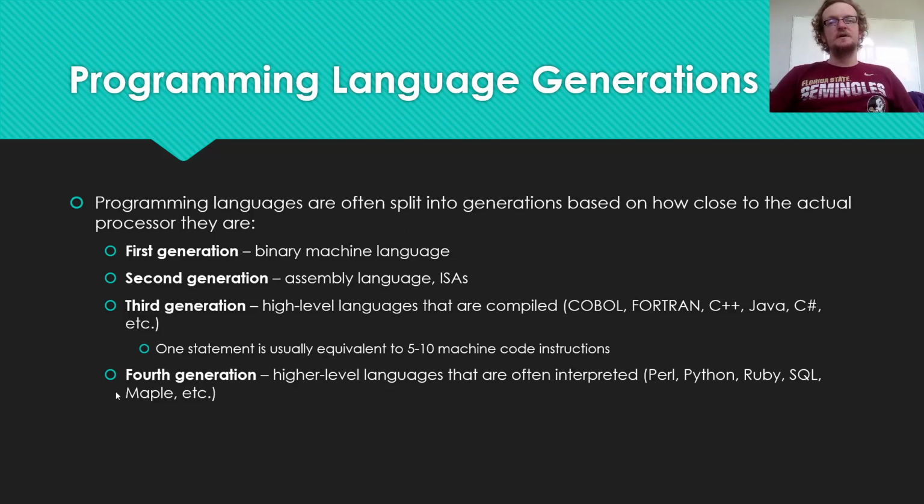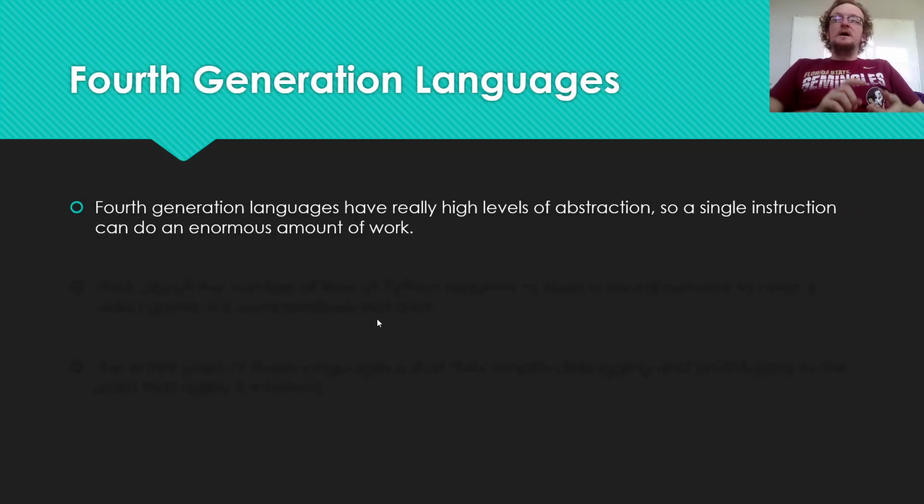But what we want to focus on in this last part of the video is these fourth generation languages, because they give you a lot of features that these other languages don't necessarily give you. Fourth generation languages are kind of a league of their own because of the level of abstraction they give you as a programmer.